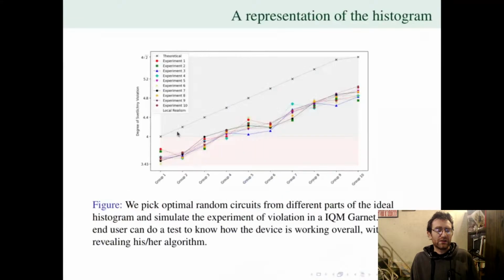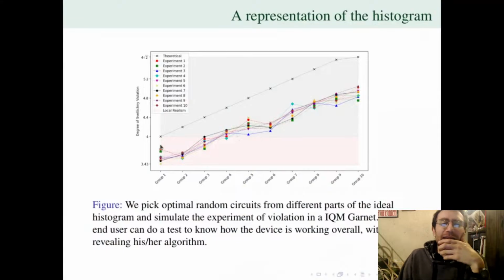So in this plot here, what you see is not the full histogram that I showed you before, but what we did is to choose different selected states. We produced a lot of quantum random circuits, and out of this set, we chose some specific representative states, and we did the Svetlichny test on them, and we repeated each experiment, in this case 10 times.